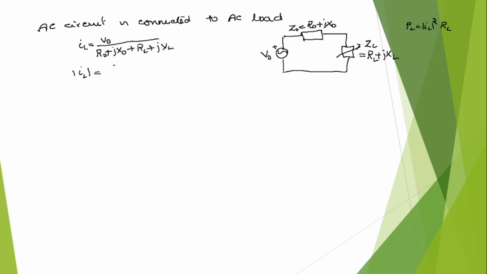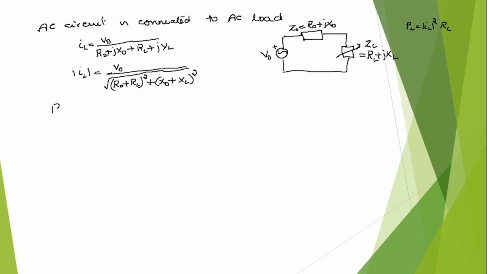It is V naught divided by the square root of, what is the real part? R naught plus RL whole square, real part square. What is the imaginary part? X naught plus XL whole square.